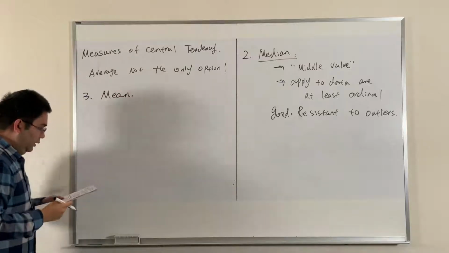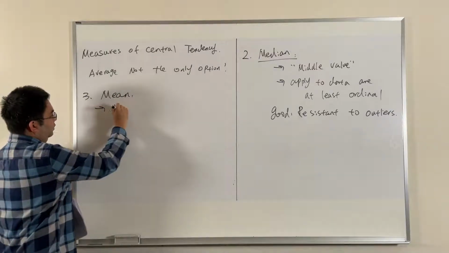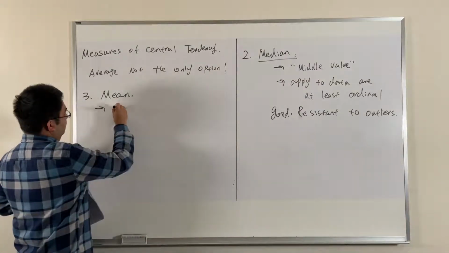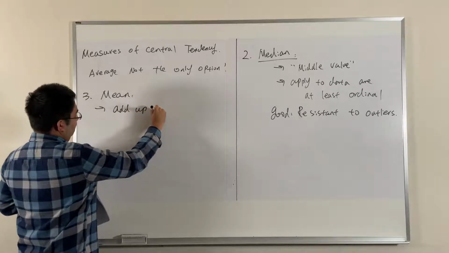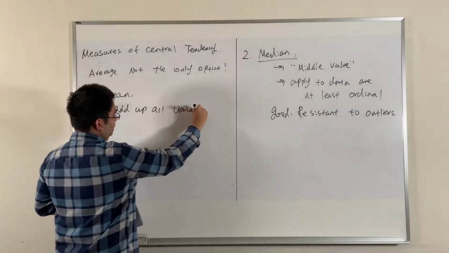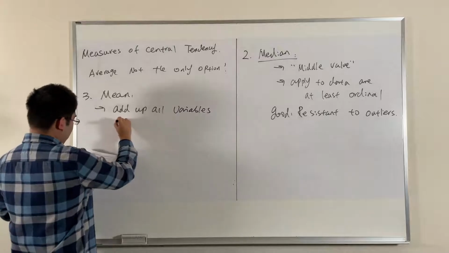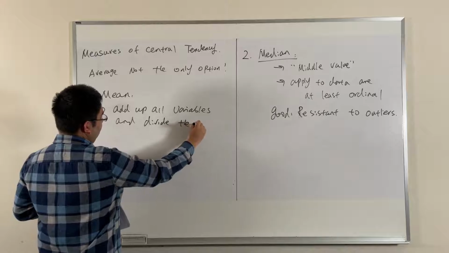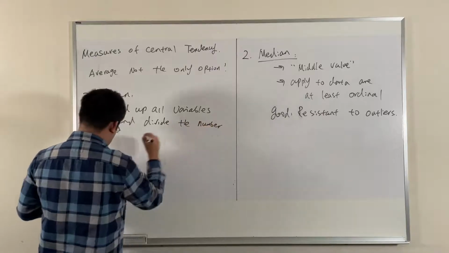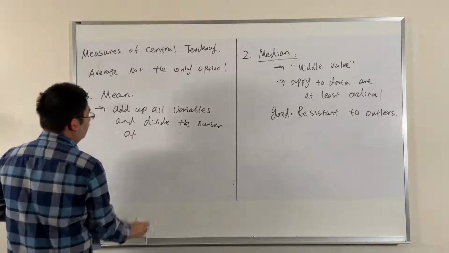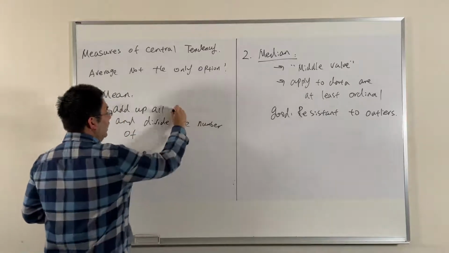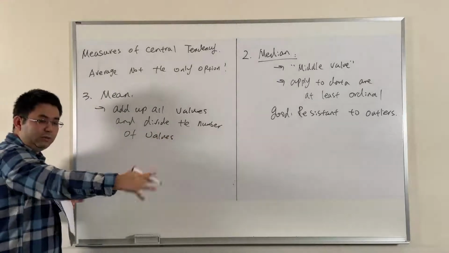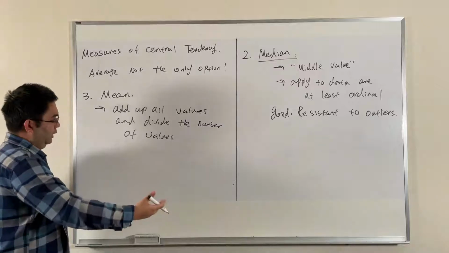Basically, you add up all the values and divide by the number of values, how many of them are in your data set.